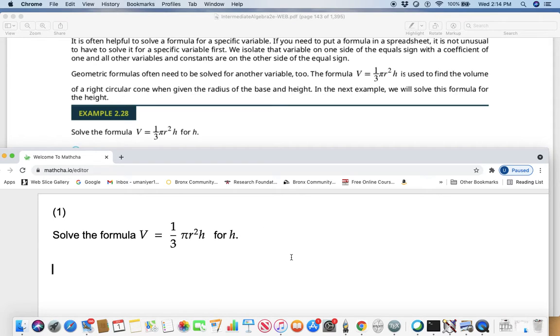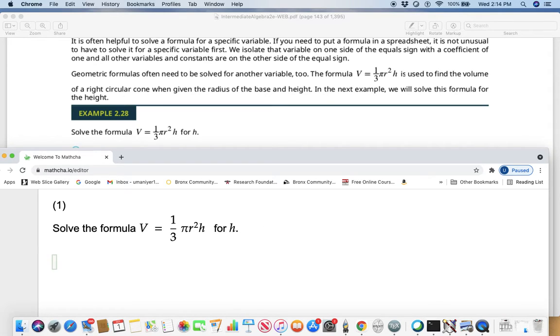What is helpful is if you write the formula with the variable you need first. So 1/3 pi r squared h is equal to V. All I did was take the right hand side and write it here, and the left hand side and write it there. So I flipped the equation. I have a denominator.